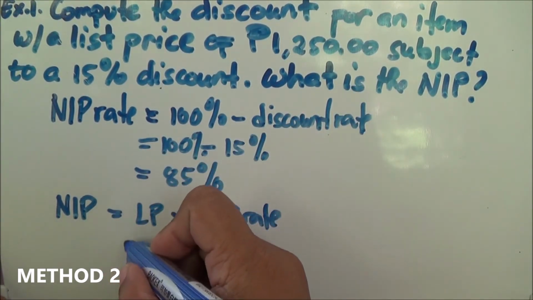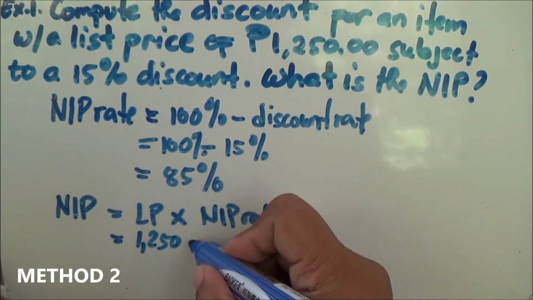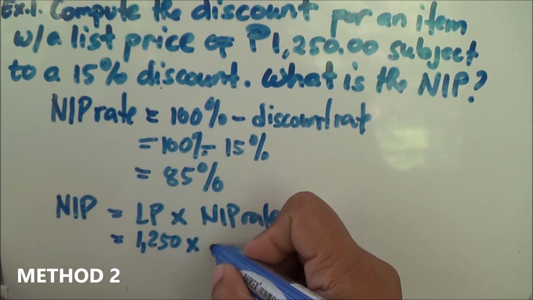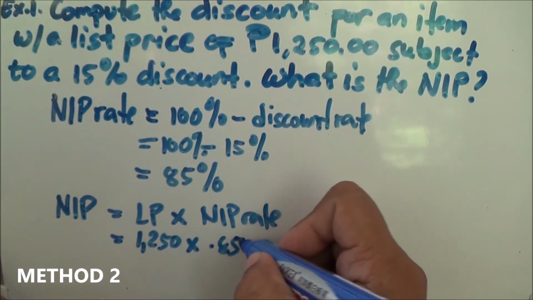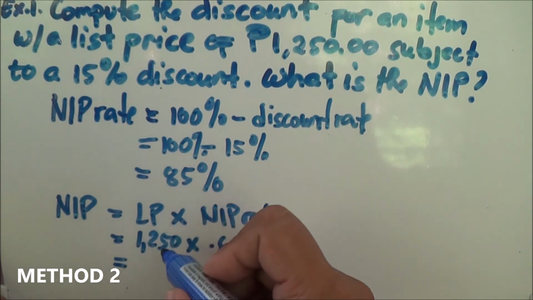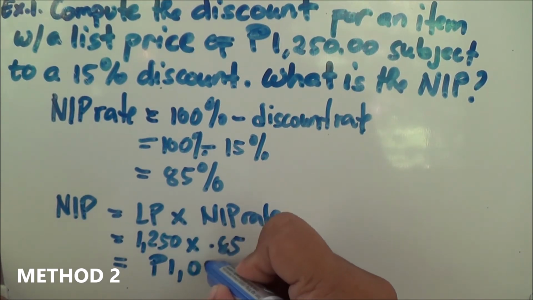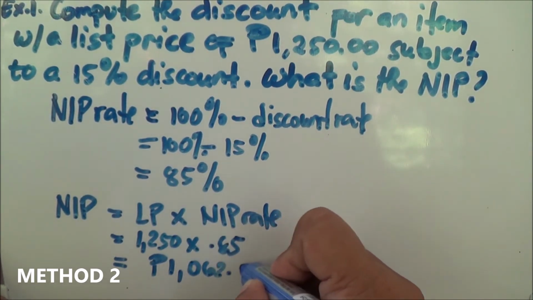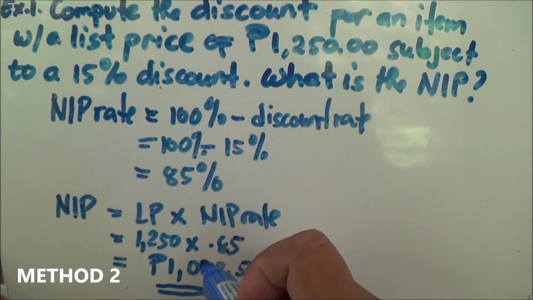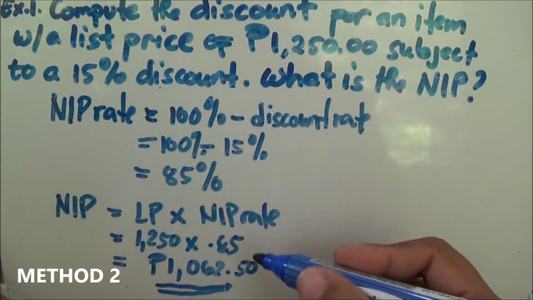So the list price is 1,250 multiplied by the NIP rate of 85% or 0.85. So the net invoice price is 1,062 pesos and 50 centavos.